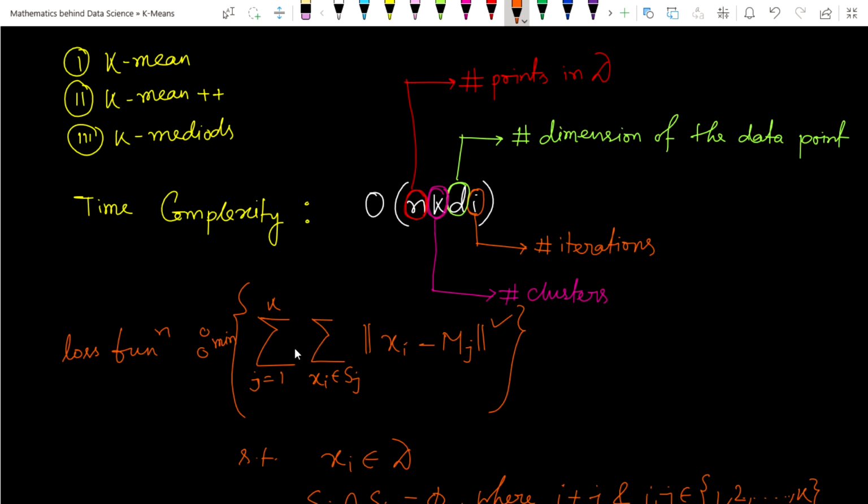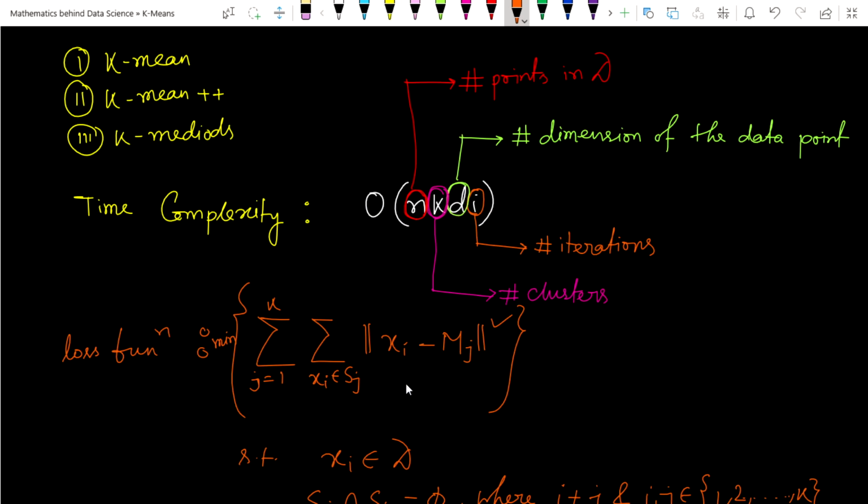Then for each cluster, we have to compute the distance for each point. For a single point, computing this distance takes order of d time, because the dimension of each point is d.